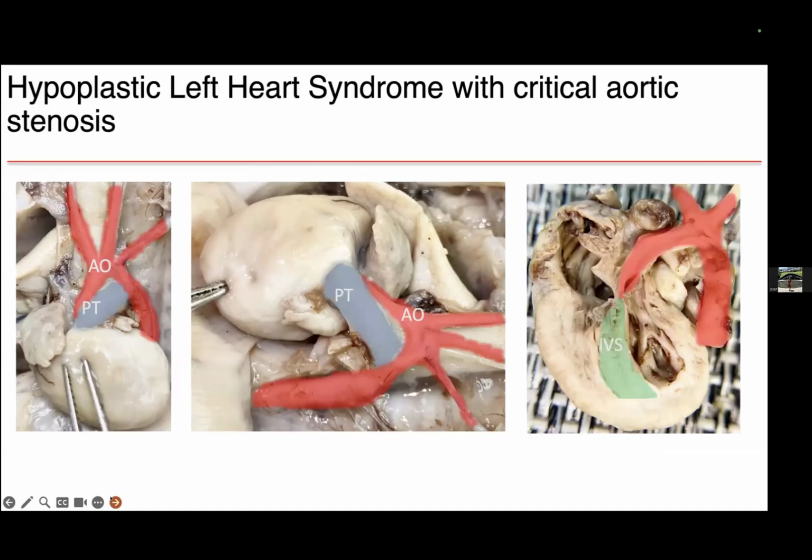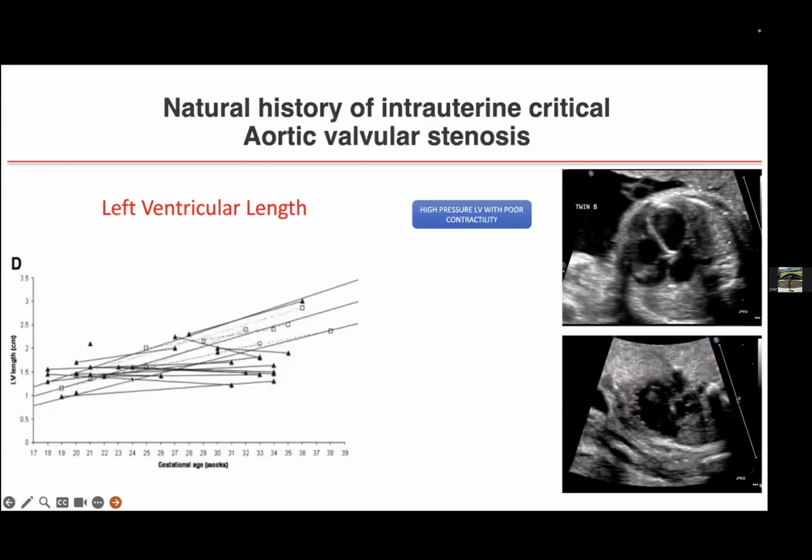So it is not unusual to see the development of fetal aortic stenosis, especially in early trimester, developing into hypoplastic left heart. What has been shown is that the growth of the left ventricle should happen longitudinally as the gestational age advances.